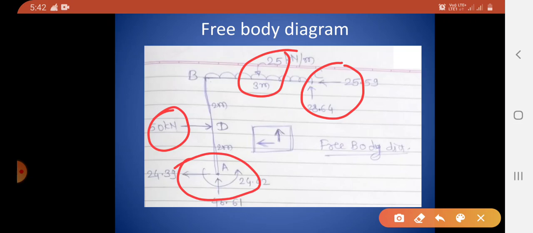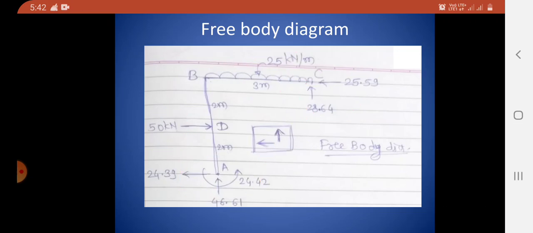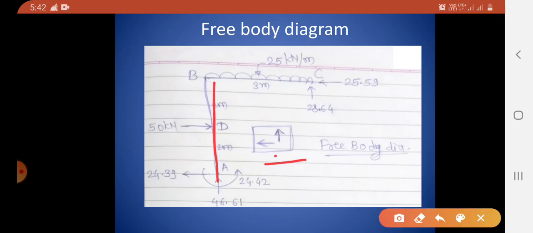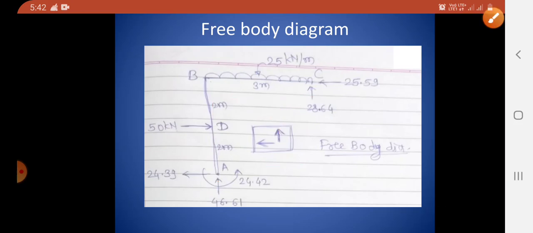Remember, while drawing the bending moment diagram, we have to follow these two arrows. While drawing the bending moment diagram of BD, we will refer to this direction, and while drawing the bending moment diagram for BC, we will follow this direction. And of course, sagging positive, hogging negative.